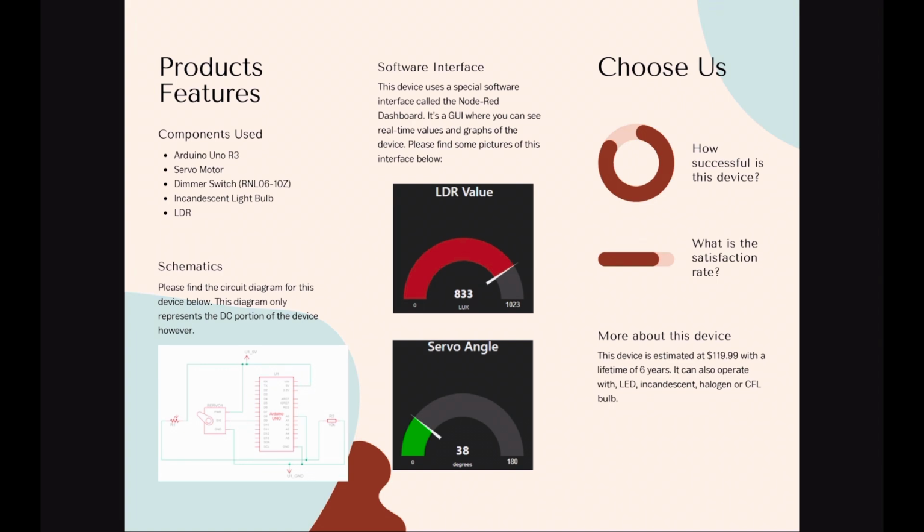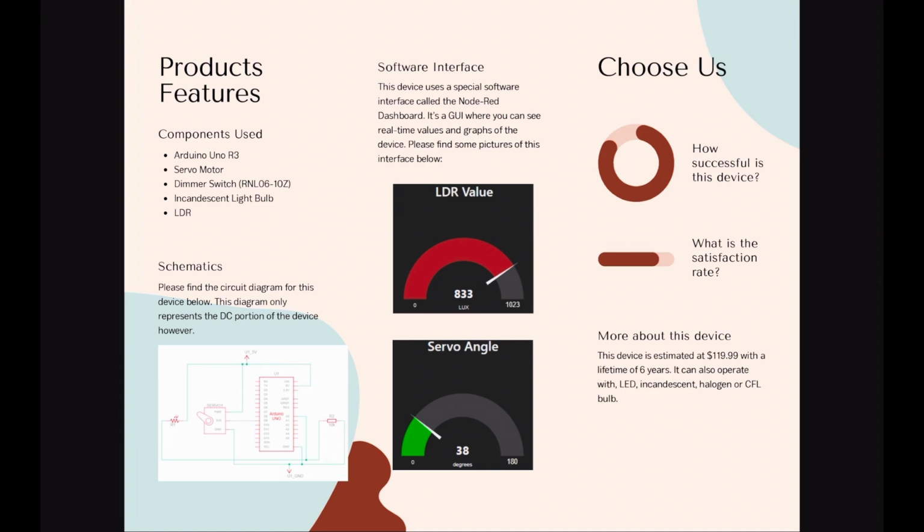And if you want to know more about this device, I can tell you for a fact that it is right now estimated at 119.99 dollars. This value might increase or decrease depending on how the economy rises and falls.